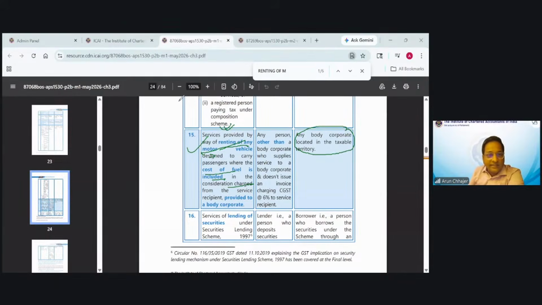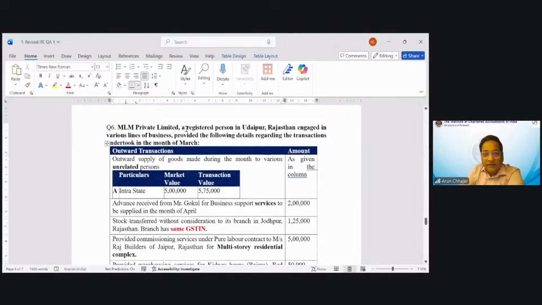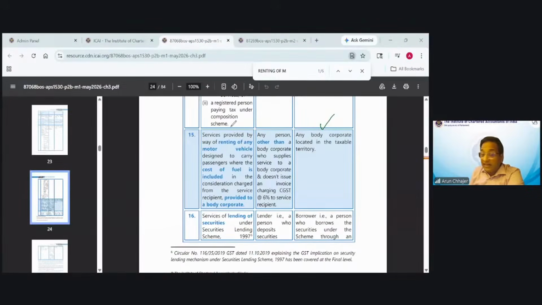Who was the recipient in this case? The recipient was again MLM Private Limited. So can I say the recipient is also the body corporate? ये वाला condition satisfied.